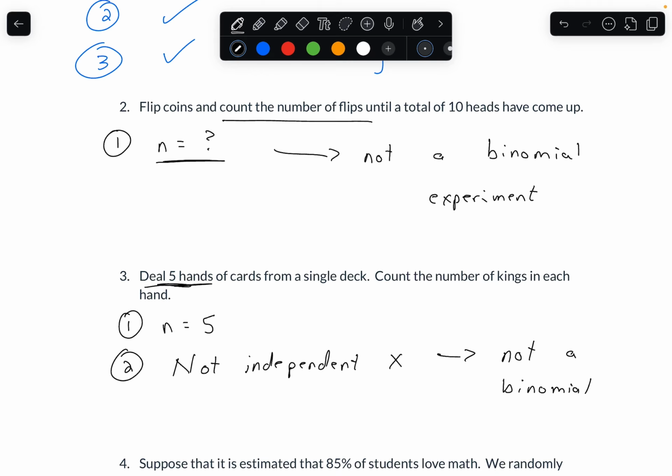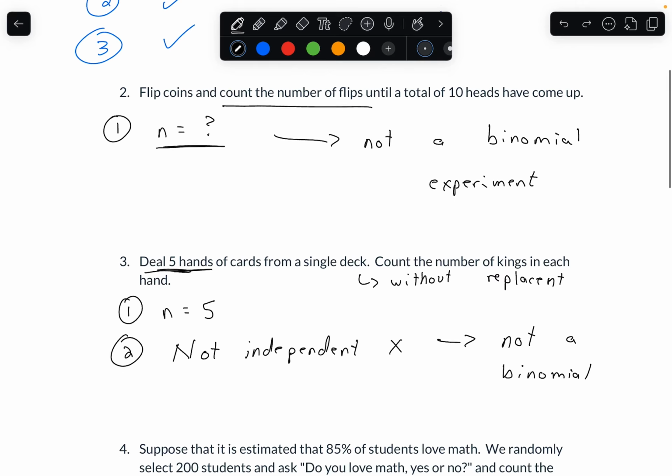If I was going to deal one hand, look at the number of kings, shuffle it back in and do this with replacement, this would actually be a binomial experiment, but I'm going to assume that this is without replacement. If this was with replacement, then it would be a binomial experiment, but without replacement, it will not be a binomial experiment.